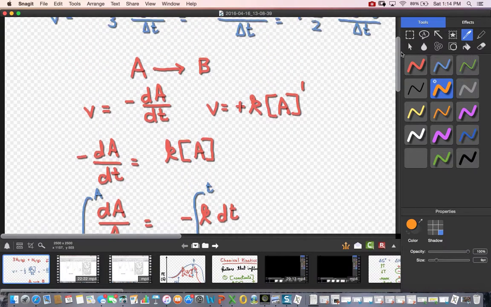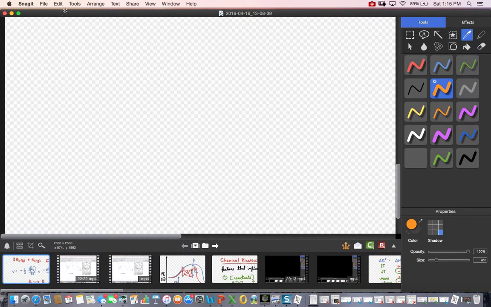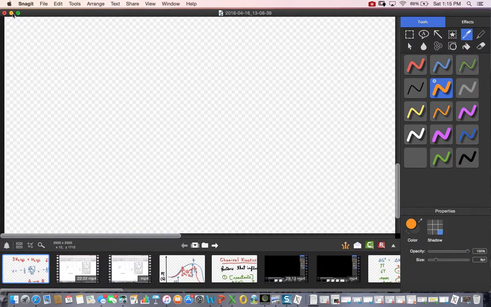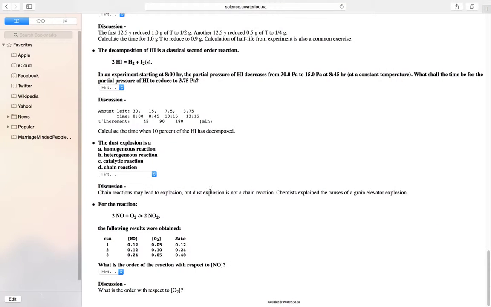Now let's talk about something a little bit more interesting and practical, and this is something you'll especially see on standardized exams. Let's take a look at the reaction at the bottom third of this page. I have 2NO plus O2, which yields 2NO2.